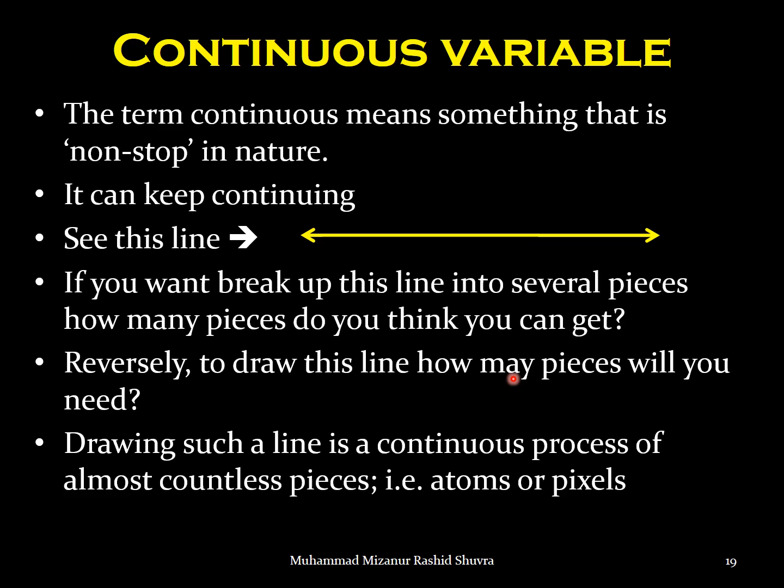But it's interesting. If you want to break up this line into several pieces, how many pieces do you think you can get? Can you guess? Like, you want to break up this line into as many pieces as you like. How many pieces will you get? You can't say, because each piece can be broken down to a smaller piece, and then to a smaller piece, and then to a smaller piece, until you get atoms or pixels in here, right?